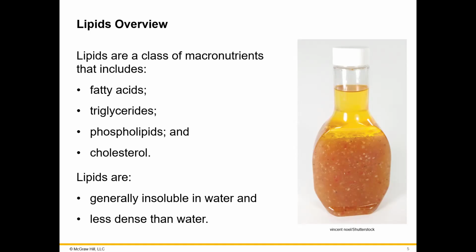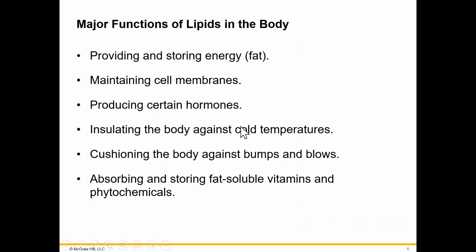Okay, they are characteristically defined as insoluble in water and less dense than water. So you see that when you mix them with water, the lipid layer is going to be on top. These types of chemical characteristics are what we're going to be focusing on mainly today, and how that derives the different types of fats, fatty acids, triglycerides, phospholipids, and cholesterols.